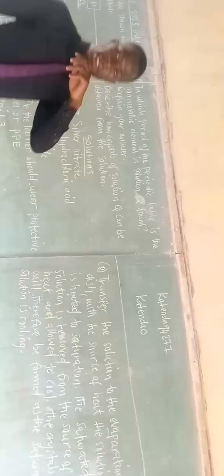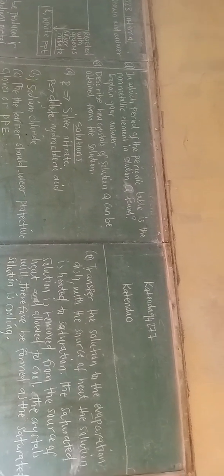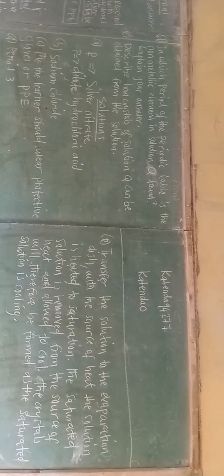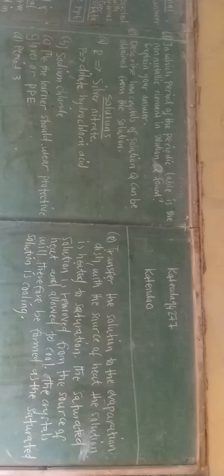Okay, so that is what I was explaining. The question was to describe how crystals of solution Q can be obtained from the solution. We transfer the solution to the evaporating dish. With the source of heat, the solution is heated to saturation.